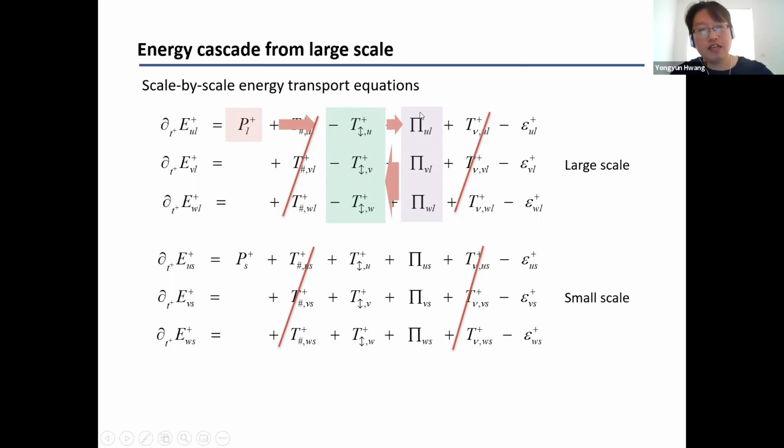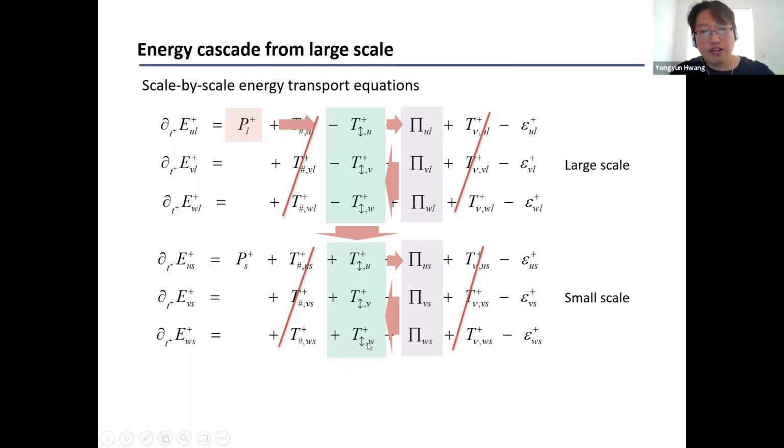So what is happening is that these two balance the production for the streamwise component, and the pressure strain term takes the energy from production and sends it to the two other components. Okay, and then this forms a loop, which distributes energy within the larger scale. Most of the energy goes to the small scale because the larger scale dissipations are weak.